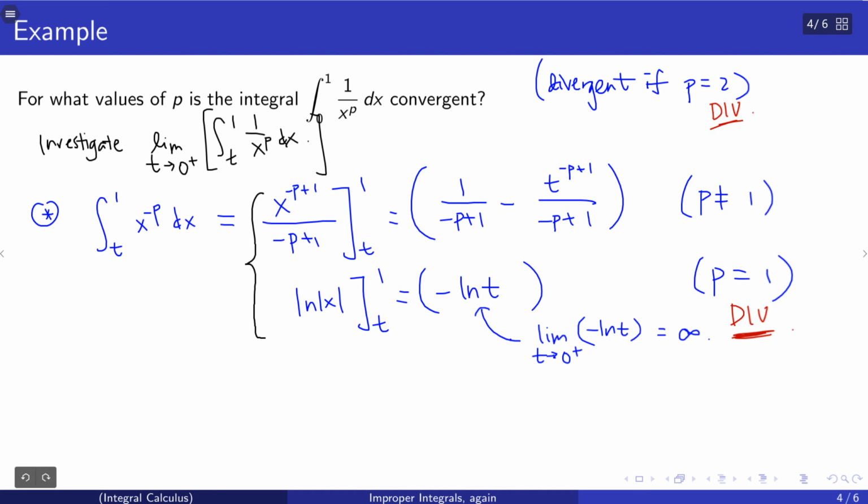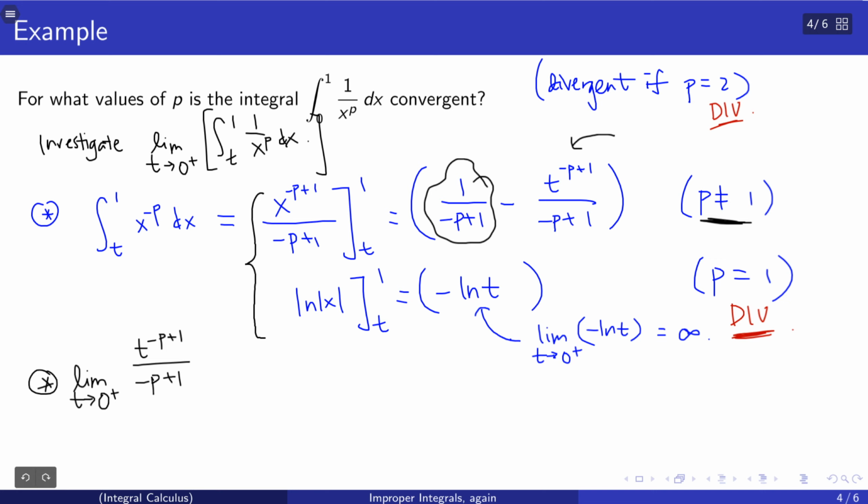Okay, so how about this one? This is the general case now for any p. Well, 1 over minus p plus 1, that's just a constant, so I don't care about that. So why don't we look at the limit as t goes to 0 of t to the minus p plus 1 over minus p plus 1.